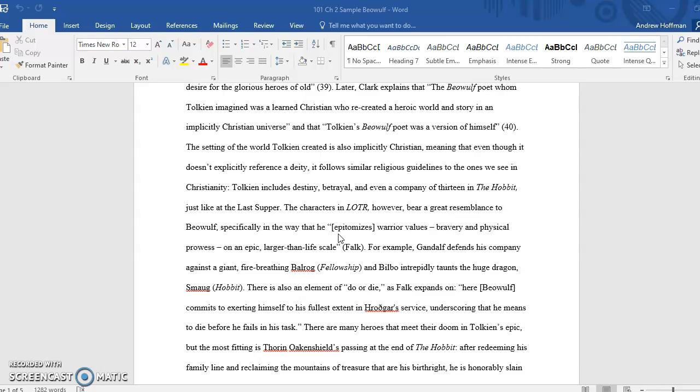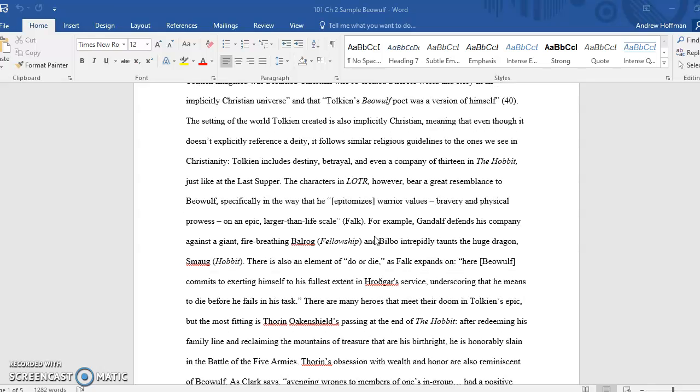But of course, you can't just go throwing words into quotes. And so that's why there is a signal to us, the square brackets. It says, okay, epitomizes is really not in the quote. I used that to have it make sense, but, you know, there it is.